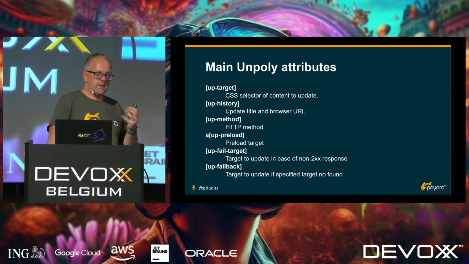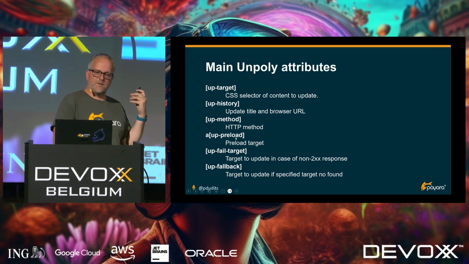Just a really quick run through of all the things you might specify. You might not want to update the history because it's just some partial update which doesn't provide you with a new URL. You can also use other methods than the POST.